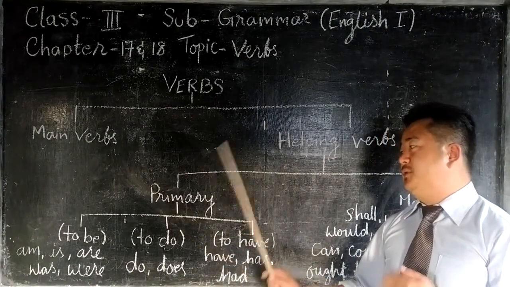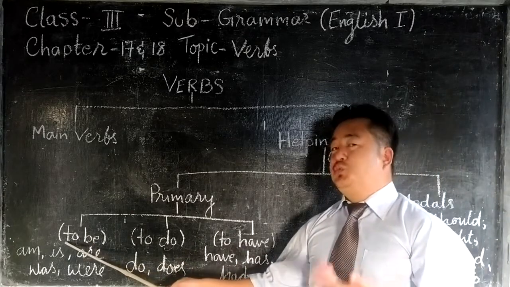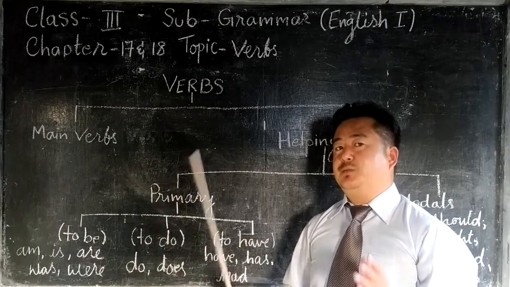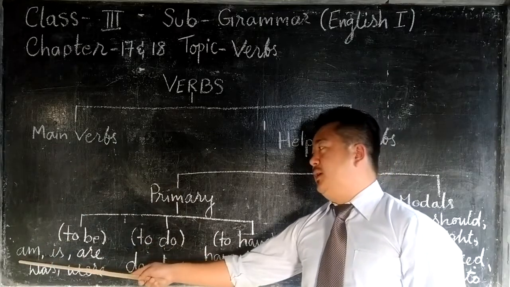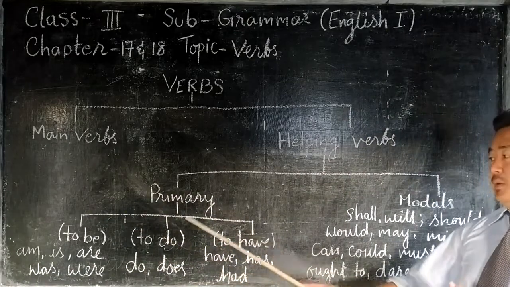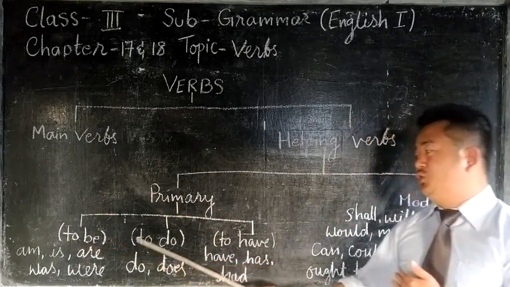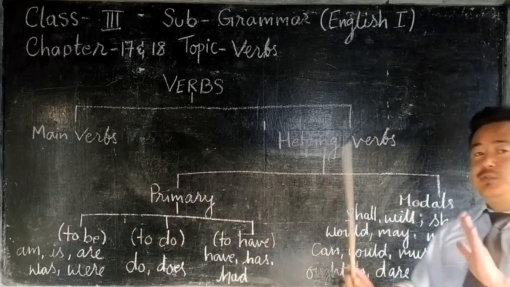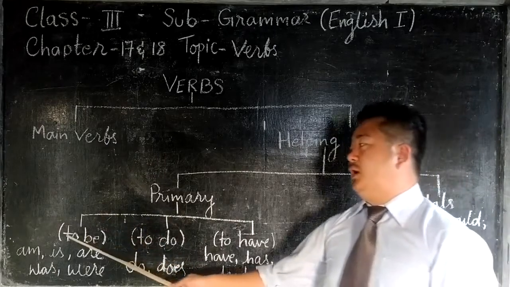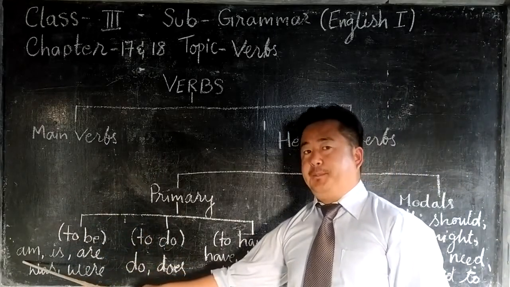Primary verbs, which you can see on the board, are to be, to do, to have. You can see the difference within the primary verbs also. They are categorized into three: to be, to do, to have. Under the category of to be, we have am.